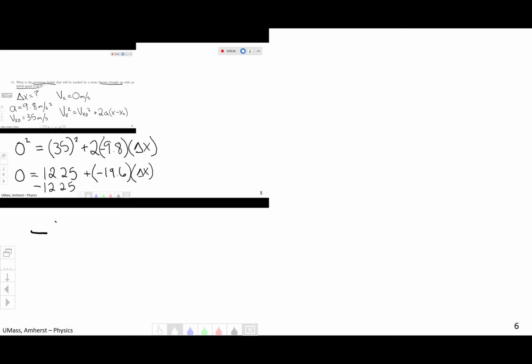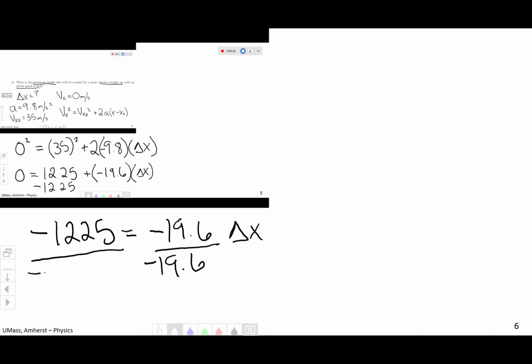We end up with negative 1225 equals negative 19.6 times delta x. Divide by negative 19.6, and you end up with a delta x of 62.5 meters. And there's your answer.